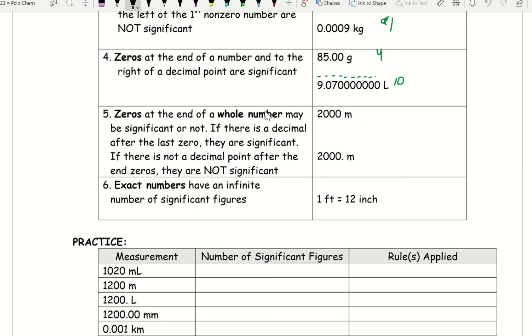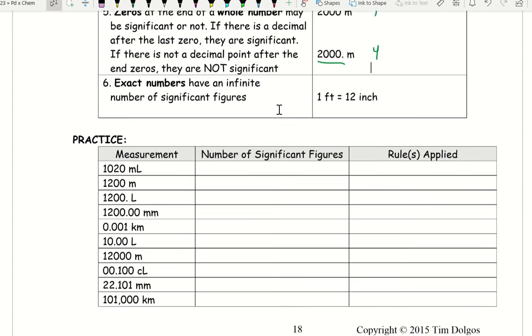Zeros at the end of a whole number may be significant or not. It's uncertain. It depends on a couple of things, but to be absolutely certain, this would be 2. The number's 2, but that's 1 significant digit, and this would be 4 by the rules. Exact numbers have an infinite number of significant digits, so they don't count towards it.